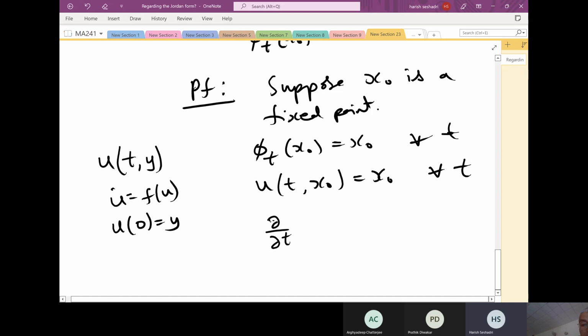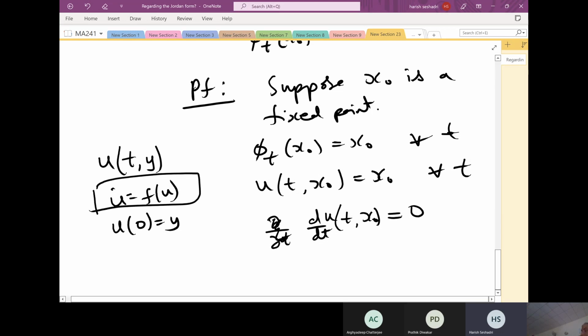Let me put d by dt, that's fine. d by dt, and the right hand side doesn't depend on time, so I get 0. But what is the left hand side? The time derivative of u. By definition, after all u is a solution to the differential equation. So d by dt of u is f of u.